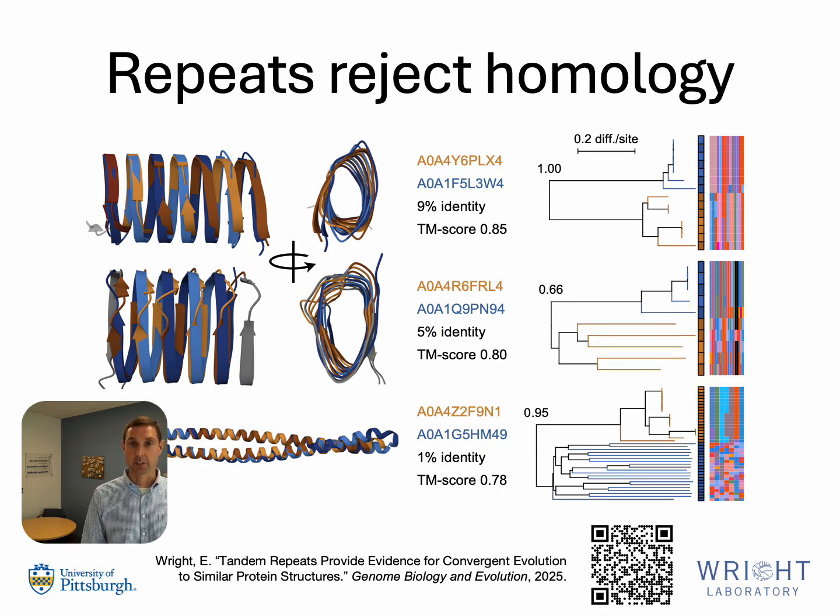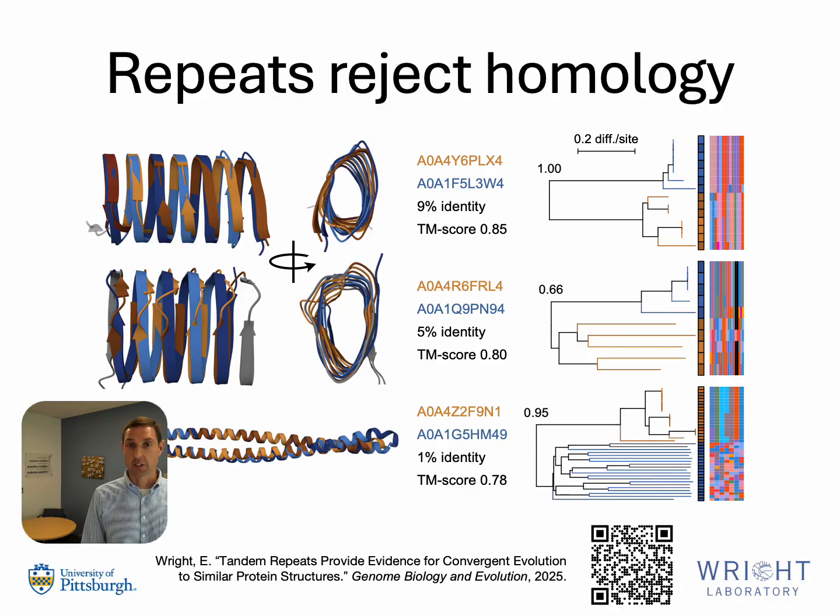For example, the structures in the top right, you can see from the alignment, which is the color-coded bars on the far right, that these structural repeat units are quite similar to each other, almost identical, but quite diverse or divergent from the other structural repeat units from the other structure.